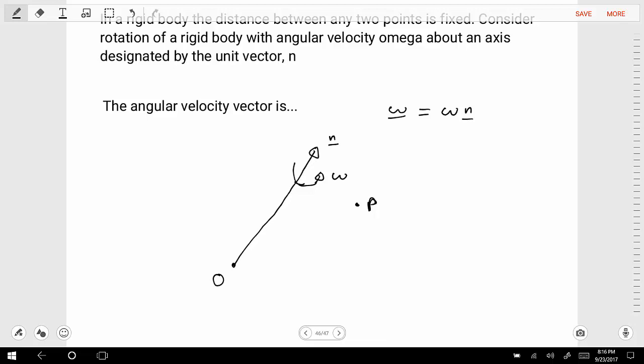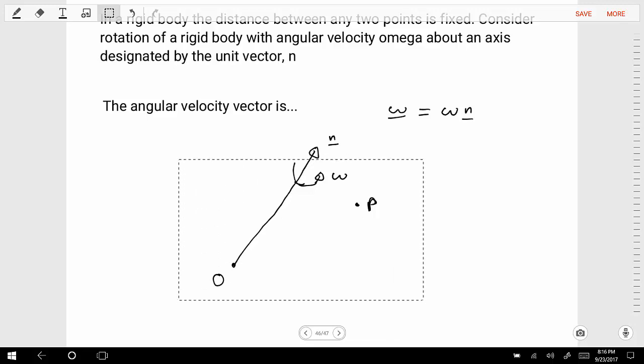So how would we use the cross product to find that velocity? Well, we can look at it schematically. So we can go ahead and try to draw the vectors in a coordinate system and try to define, okay, what is the velocity of this particle? So let's do that.